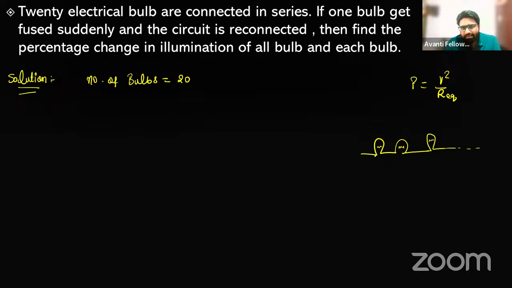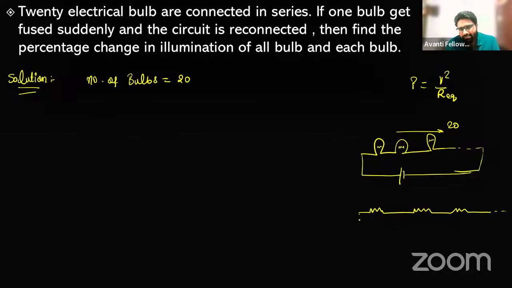If 20 bulbs are connected in series, we can assume a series circuit of 20 resistors.